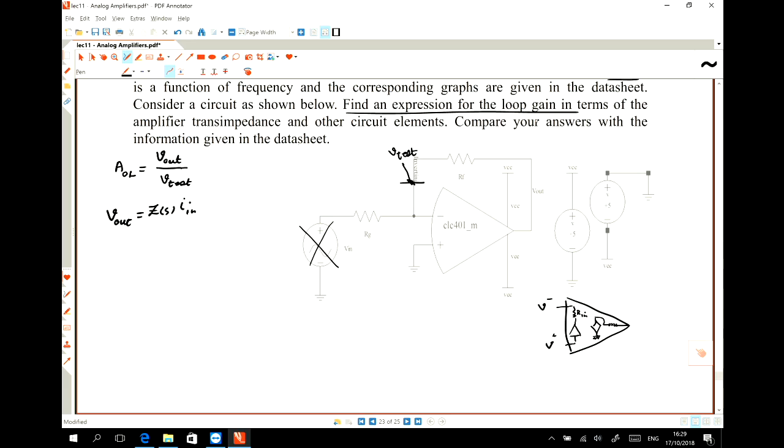So this resistor was RO, and then here was ZS I in, and here is V out. This is the circuit model for the current feedback amplifier.